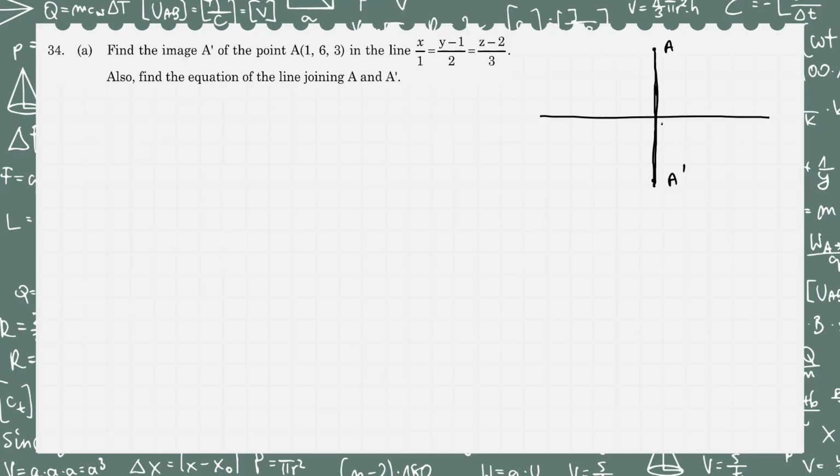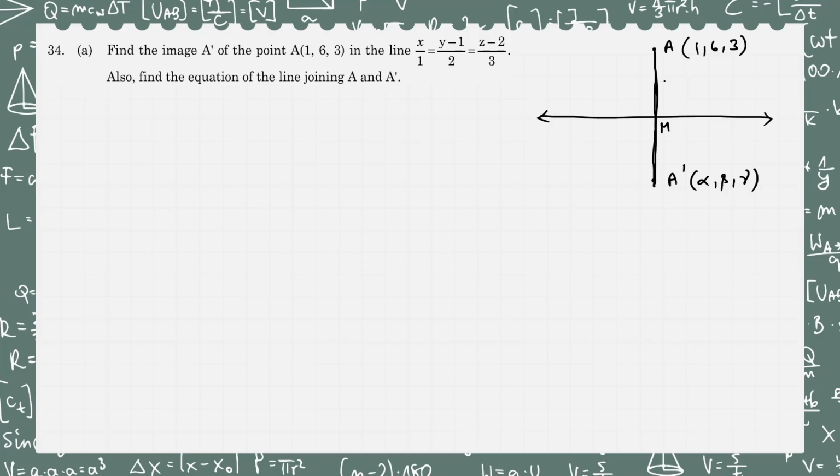Let the point on the line where AA' meets be our point M. Now one thing we have to be clear about is, the point is (1, 6, 3) and A' we don't know. Let us call this alpha, beta, gamma.